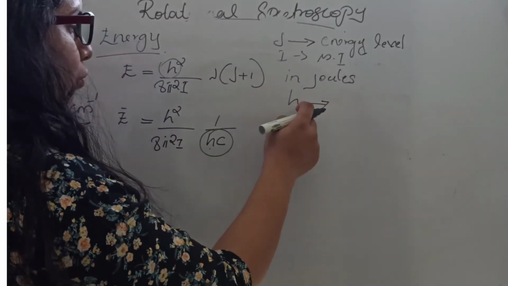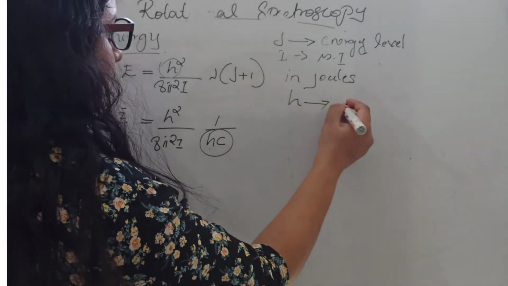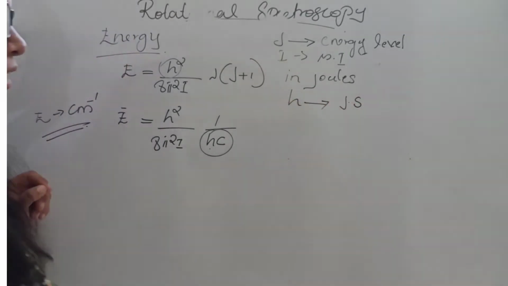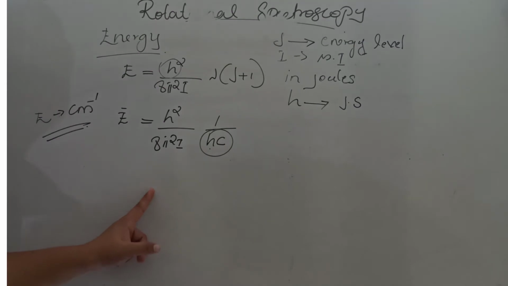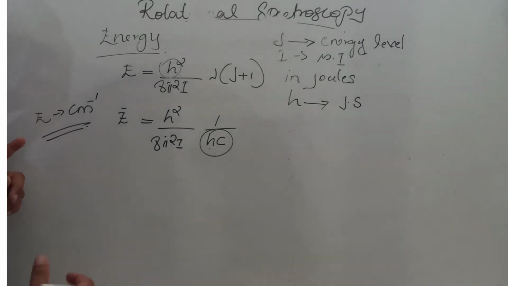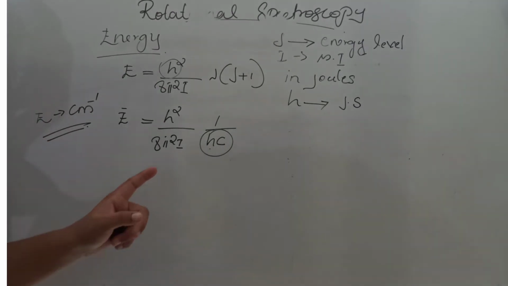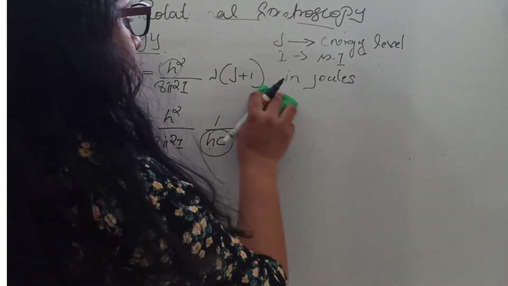What is h? The h value you should also know. It is 6.626 into 10 raised to minus 34 joule second. Joule second is the unit of Planck's constant.